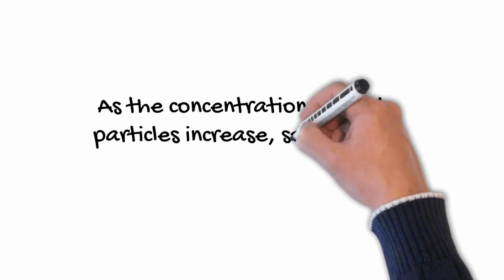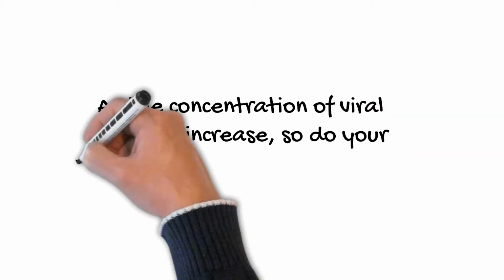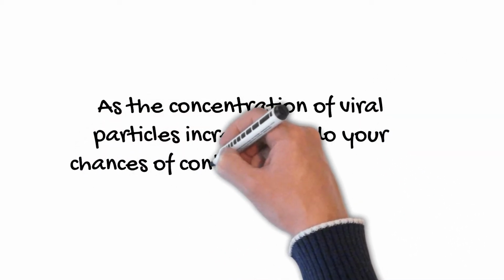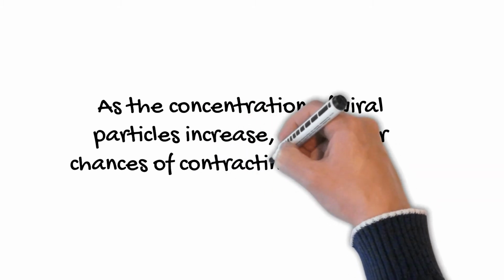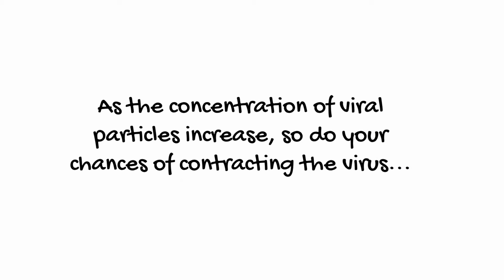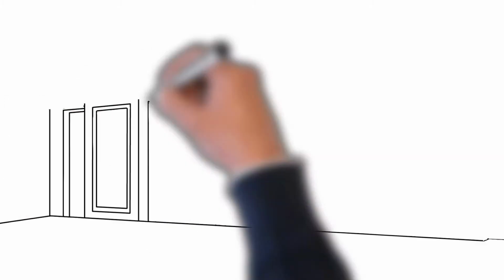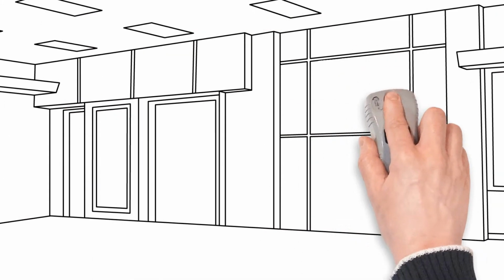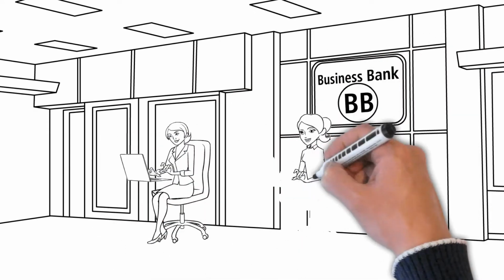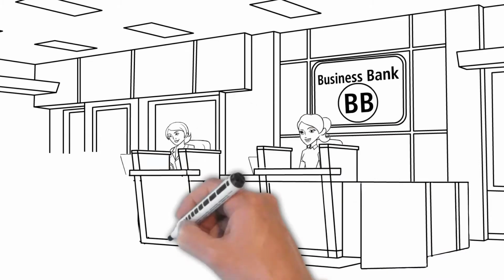And so your chances of getting a disease is greatly impacted by the concentration of the virus that is in the air. We call it ppm, parts per million, particles per million.